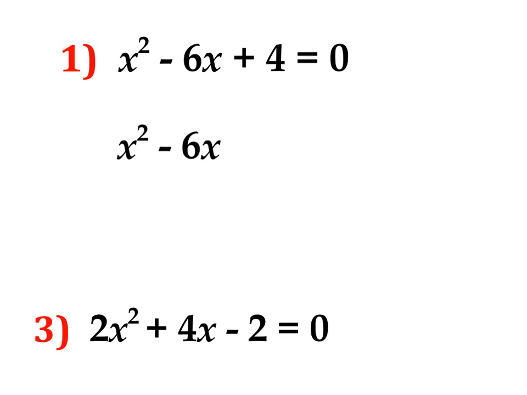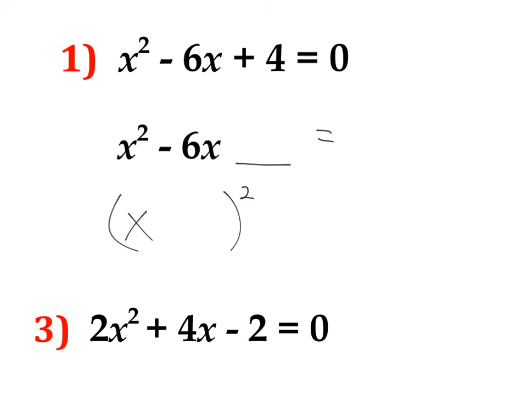What do I want to see in this little blank here so that I could write this in factored form as x plus or x minus something squared? Now, I can't just throw a blank in there all willy-nilly, right? Because that'll unbalance my equation. So whatever gets added in here, I'm also going to have to do the same thing to the other side of the equation to make sure I maintain balance.